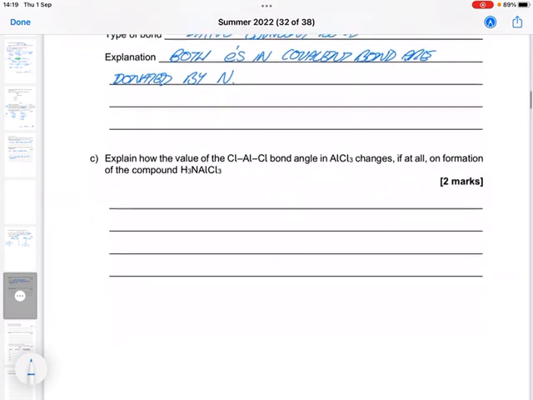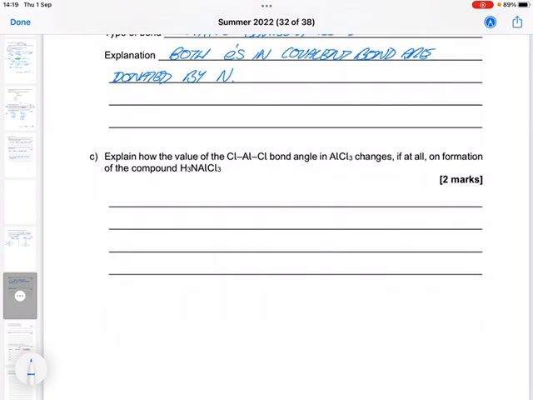And then explain how the value of the chlorine-aluminium-chlorine bond angle changes on the formation of this. So aluminium chloride has 3 pairs, but if I draw that as a dative covalent bond onto the aluminium chloride, so this now has 4 pairs.